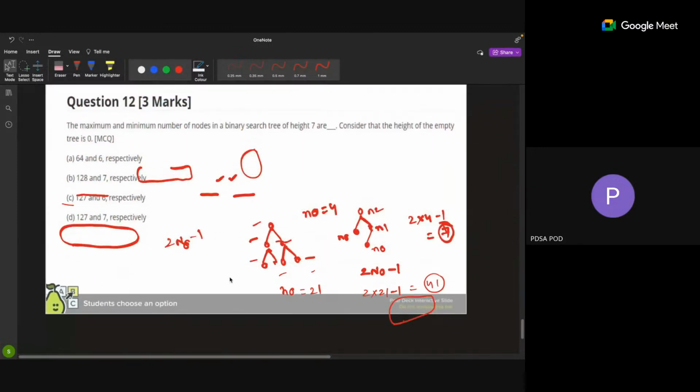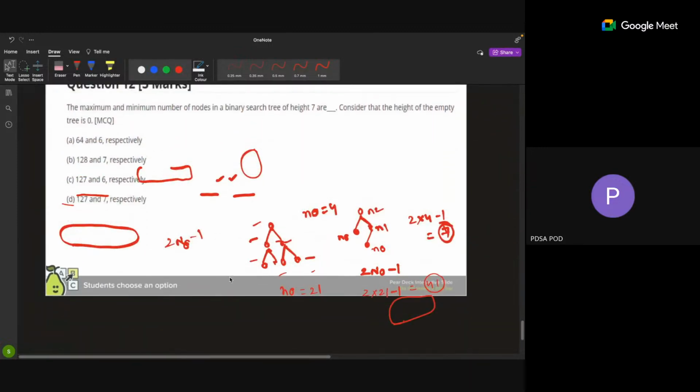See the maximum and minimum number of nodes. This is very simple. Earlier, you know the height of the tree. As per Professor Mathavan's lectures, we have discussed that for an empty tree, the height is 0.